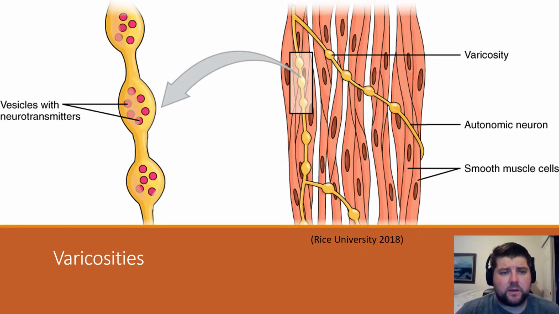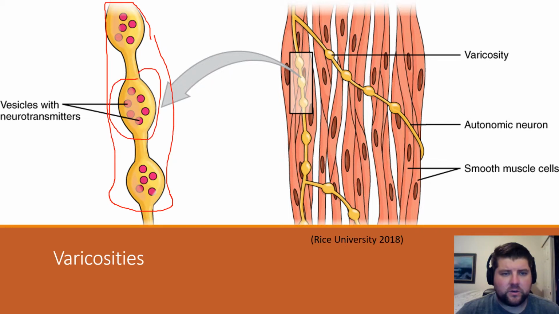So here we see a more three-dimensional drawing of how these varicosities are anatomically and physiologically correlated with these muscle fibers. Here we have a close-up of the varicosity, and you can see the vesicles that contain the neurotransmitters, which are these little purple guys right here. They will be released directly onto those little fibers of the muscles.